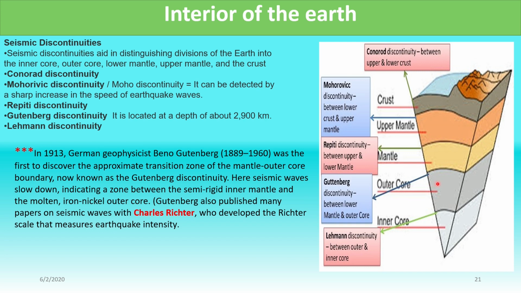Gutenberg also published many papers on seismic waves with Charles Richter, who developed the Richter scale that measures earthquake intensity.